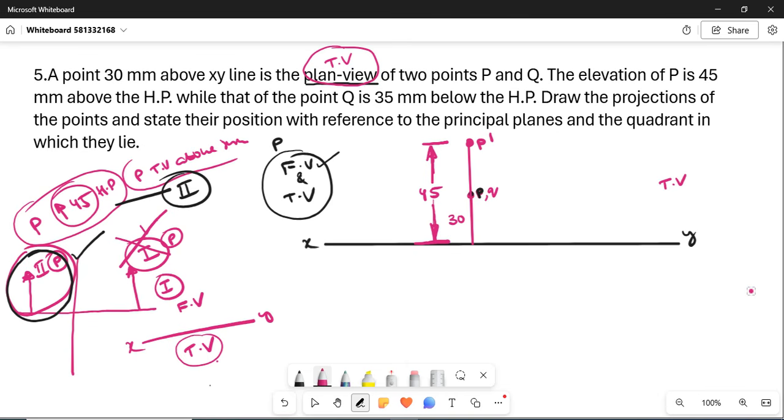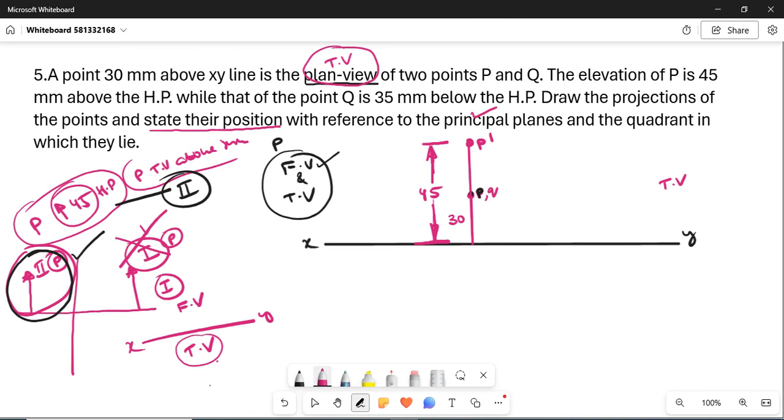So we confirm that P is in which quadrant? Second quadrant.